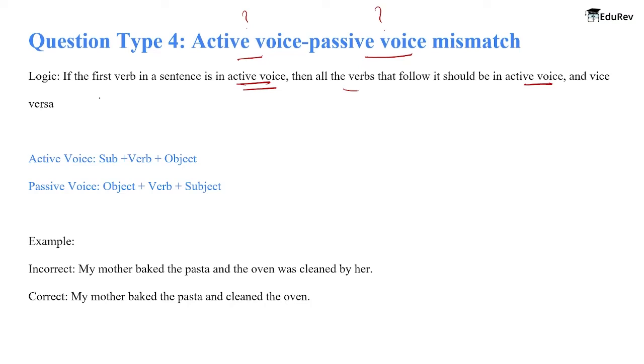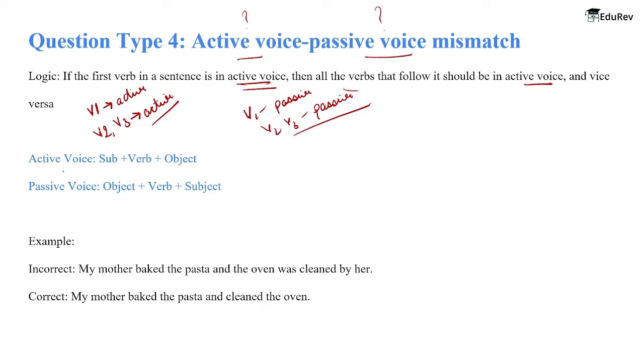If the first verb V1 is in active voice, then V2 or V3, the other verbs in the sentence, must also be in the active form. Vice versa, if V1 is in passive voice, all the other verbs should also be in passive voice. So this is what it means.